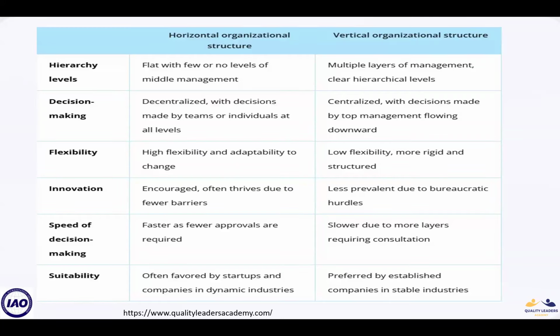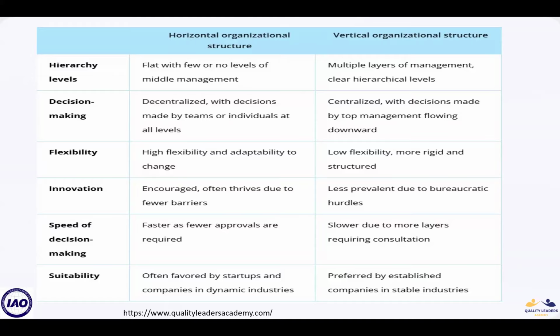It always depends. If you are running a rapid PDSA in a small clinic, horizontal structure is better. If you are standardizing protocols, such as safety protocols, across a group of hospitals in a healthcare system, there you might need a hierarchy to enforce compliance. So the vertical structure may be important.